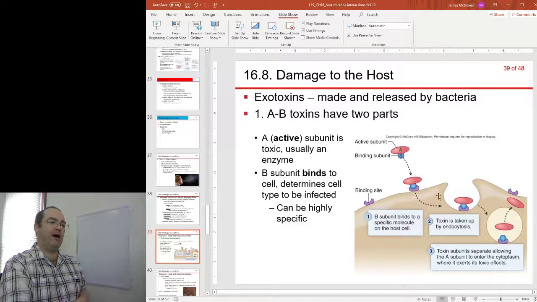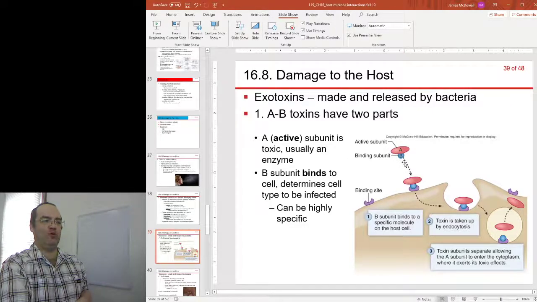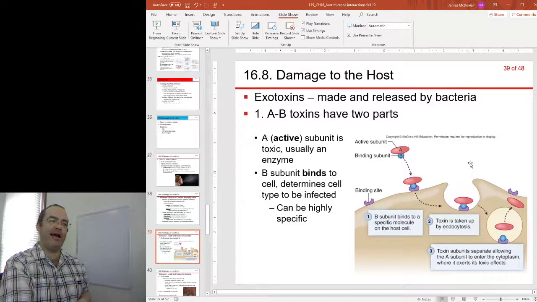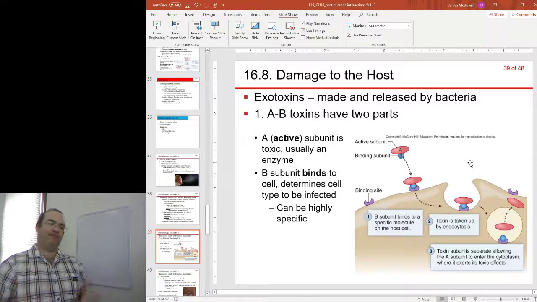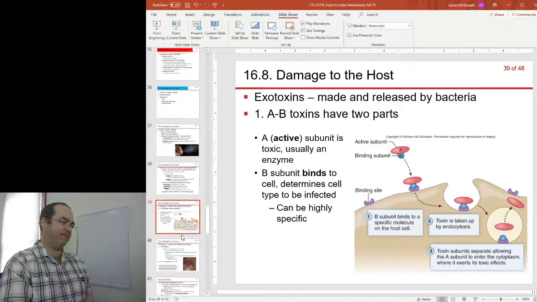So if we could harness the power of these binding units and their specificity, we could produce highly targeted drugs. That's the idea.